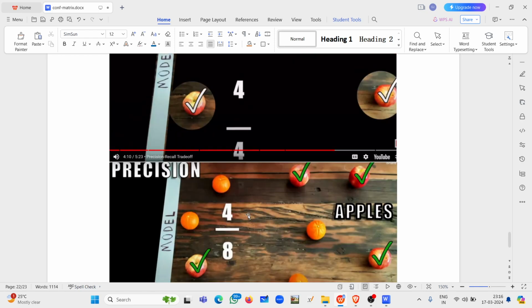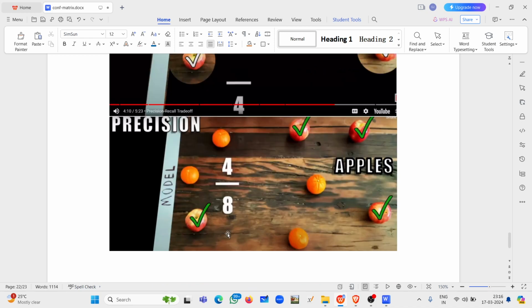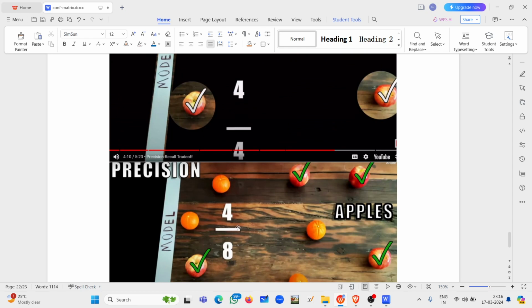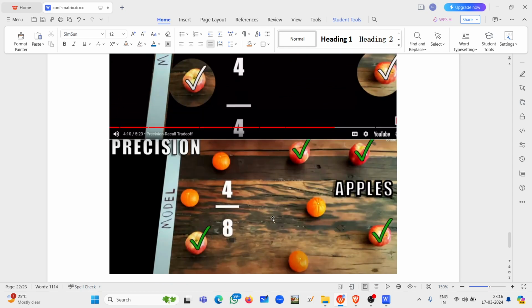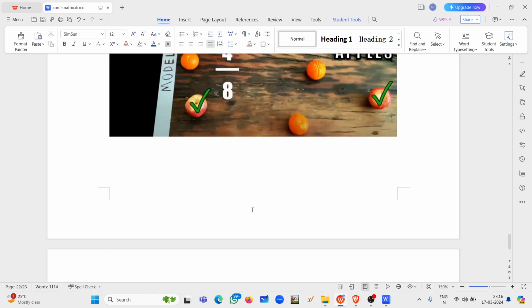Now if you take it here, the number of data items is 8. Let me count: 3, 4, 5, 6, 7, 8. Out of that only 4 are apples, because there are only 4 apples. So 4 divided by the total items, it is 4 by 8, that is 50%. That is the precision here.